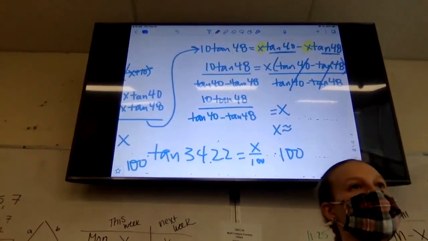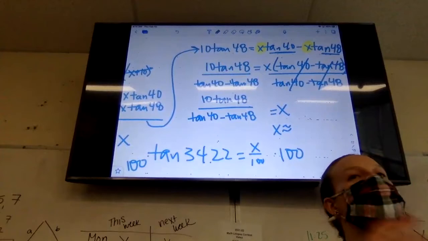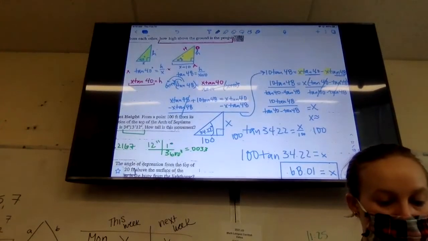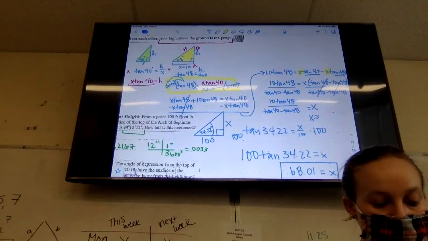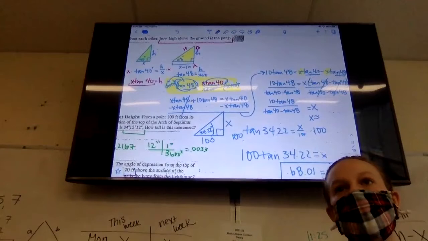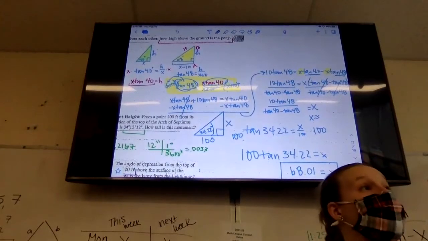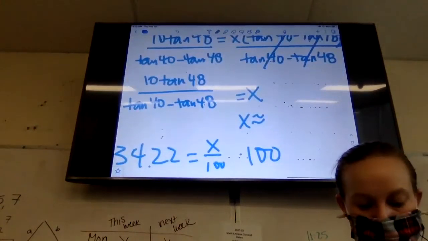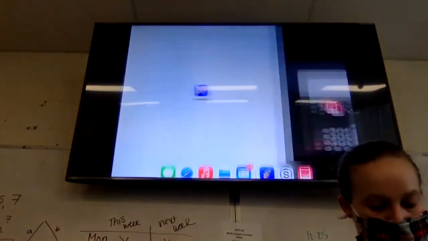Now, I think that's best math to carry it all the way through and then just put it in my calculator one time. As I said at the beginning, though, if you got here and you wanted to put tan 48 in your calculator and get a decimal, and do tan 40 and get a decimal, you can do that. You can just do algebra with decimals. I just think it's best math to show you this. So I'm going to get my calculator up and do that.